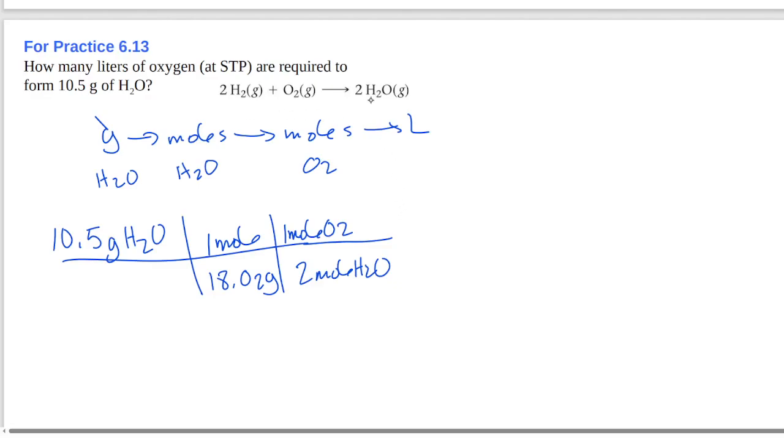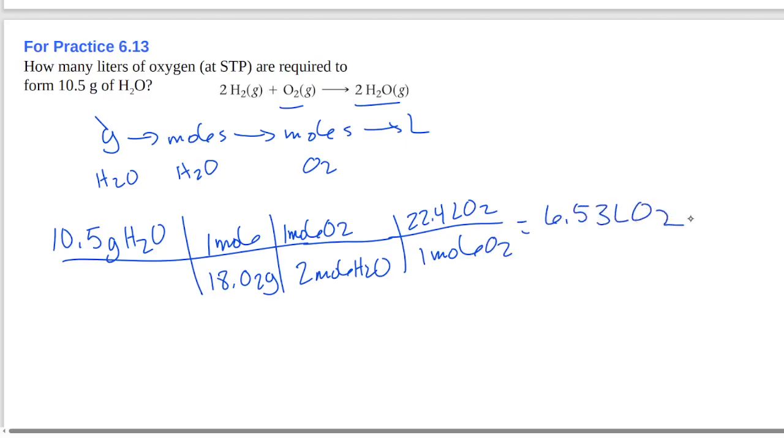Okay, so we have a 2-to-1 relationship. And 22.4 liters of O2 is 1 mole, and that's for any gas at standard temperature and pressure for an ideal gas. And that calculation gives us 6.53 liters of oxygen.